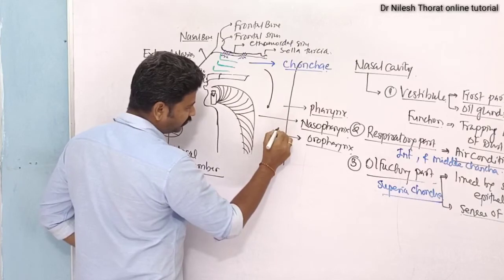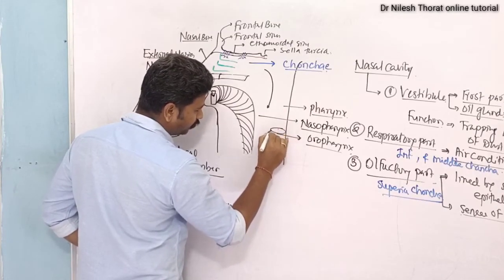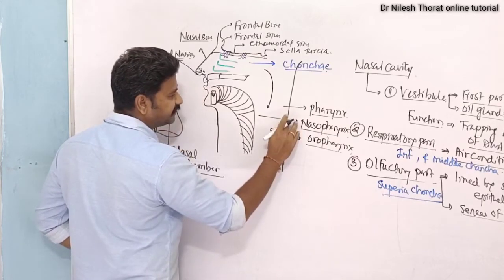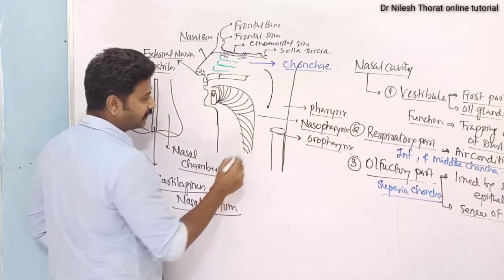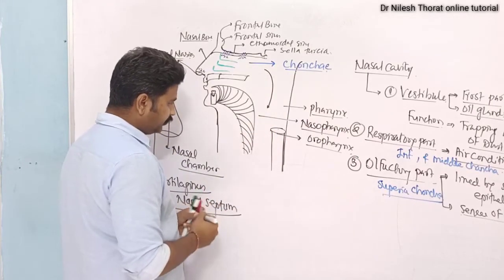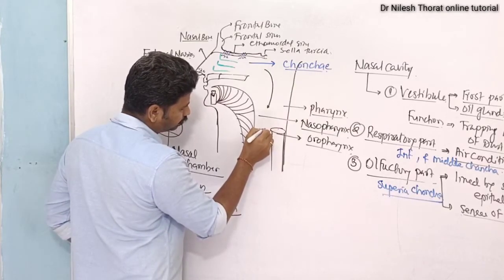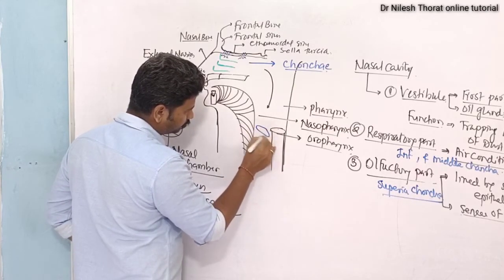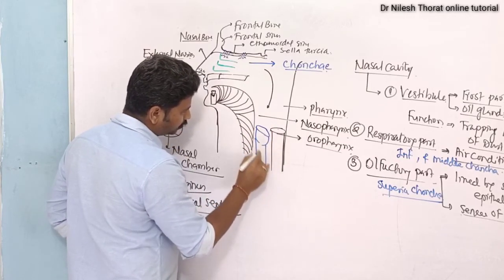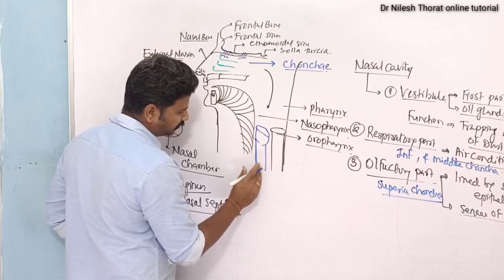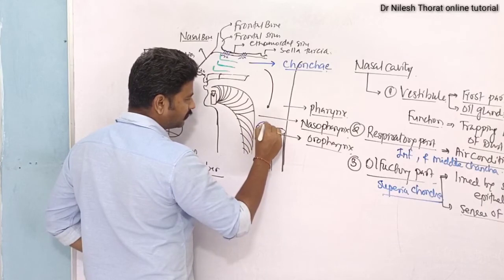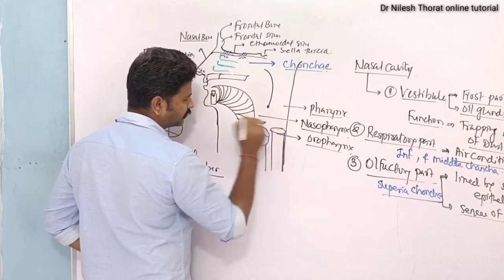Now here we can visualize the opening of the esophagus, which is a tube-like structure present behind the trachea, and here we can visualize an anterior tube which is the trachea, and this part is the larynx, and this is the epiglottis.